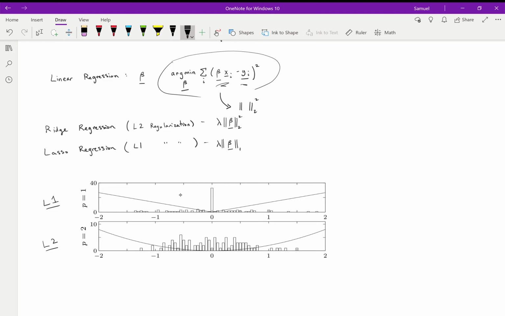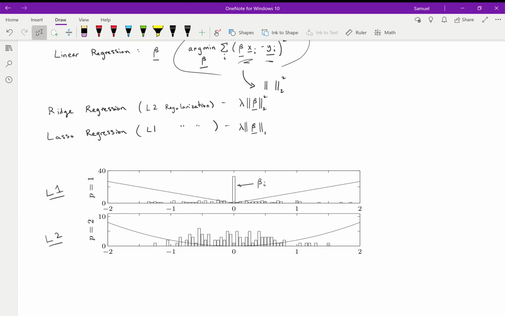So think about these bars here as showing components of this beta vector. When we're performing L1 regularization, we're going to push as many of the components of this beta vector to 0. And the reason for that is we continue to get benefits using the L1 norm all the way to 0.